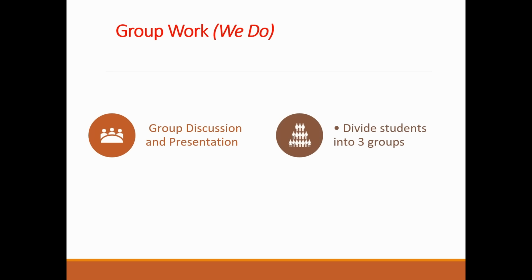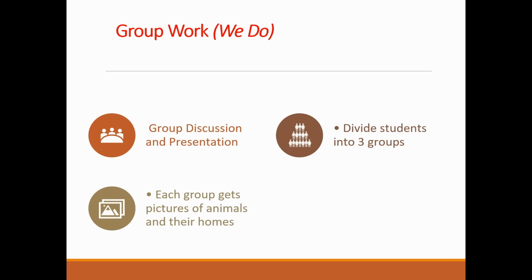In this, the teacher divides the students into 3 groups. Each group gets pictures of animals and their homes. After that, children stick each animal with its home on a chart paper.